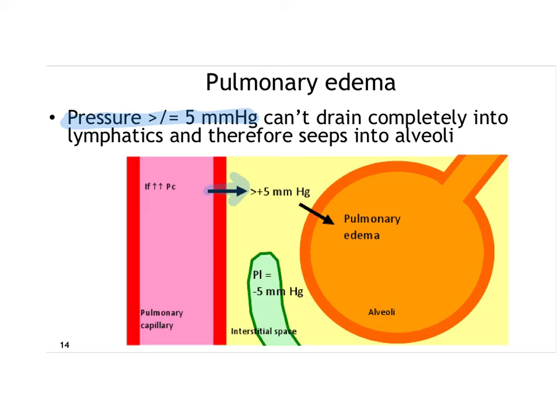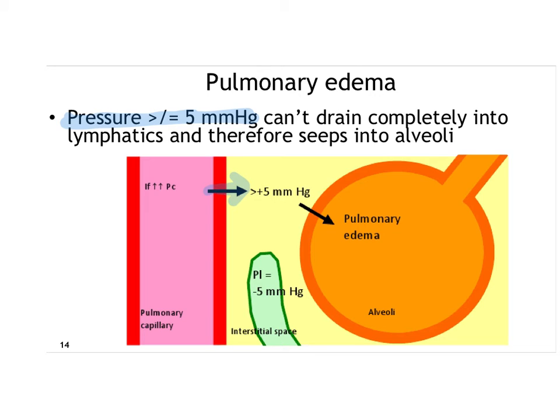If I have left-sided heart failure, the blood's not going to be pumped out of my left ventricle efficiently. It's going to back up into my left atrium. From my left atrium, it's going to back up into my pulmonary veins, which is going to back up into my alveolar capillaries. Okay? And so therefore the pressure keeps building up, keeps building up, keeps building up.